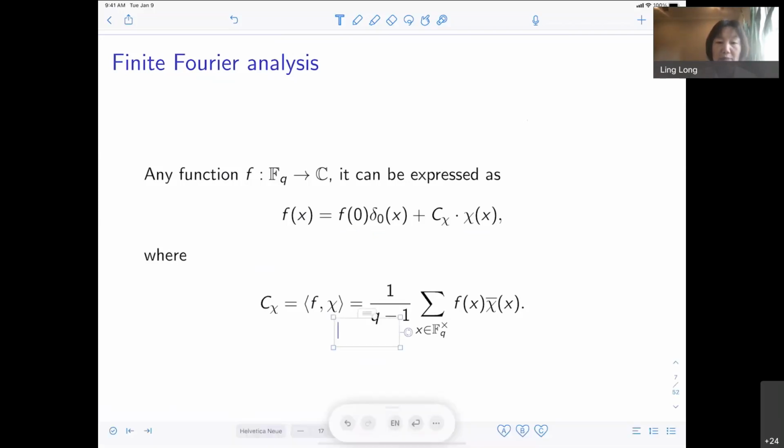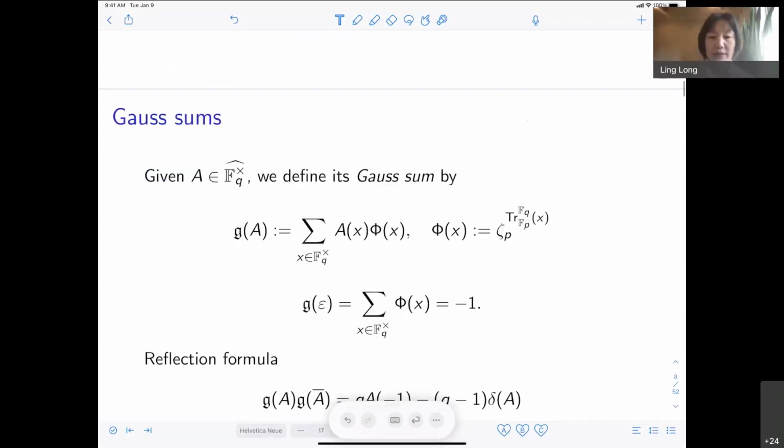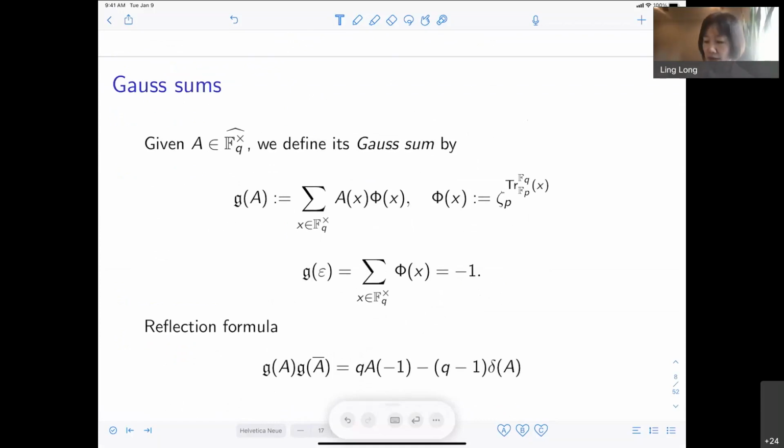So you get the formula for expressing this function f of x in terms of the delta function and multiplicative characters. Right? So now we get to the definition of the Gauss sum.